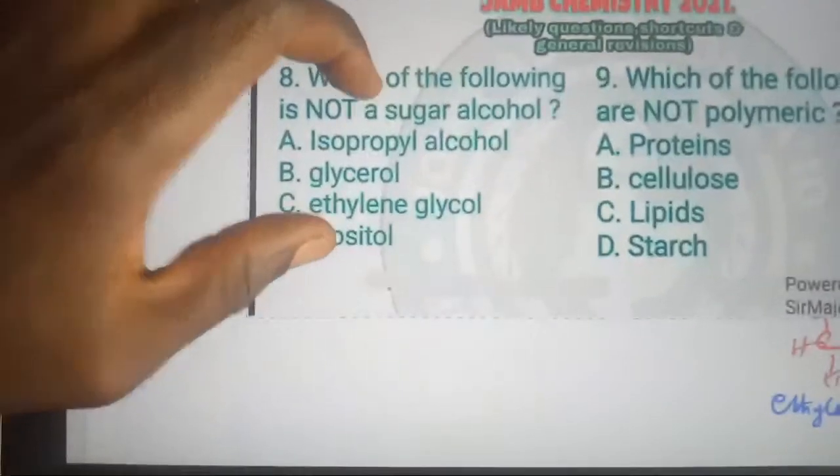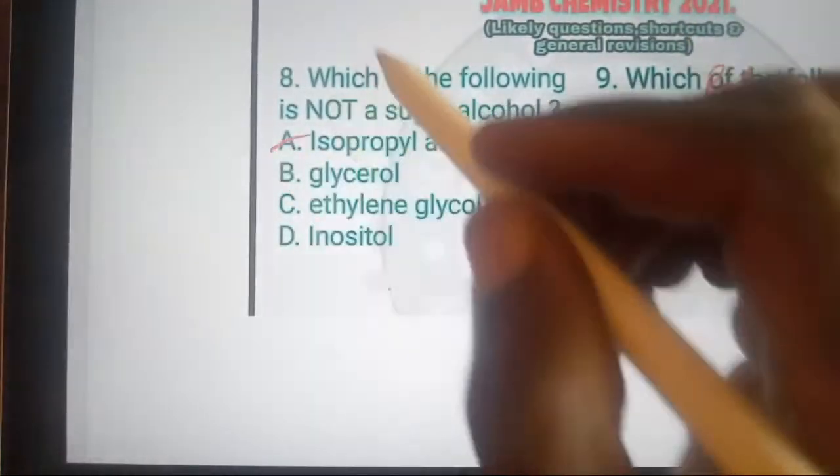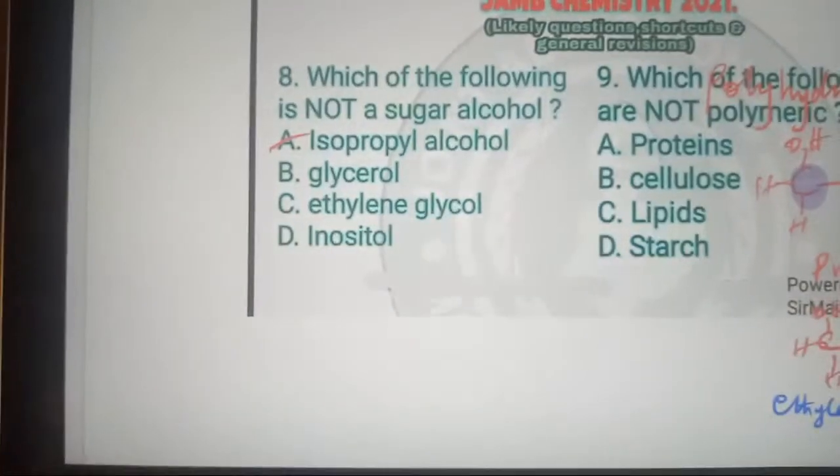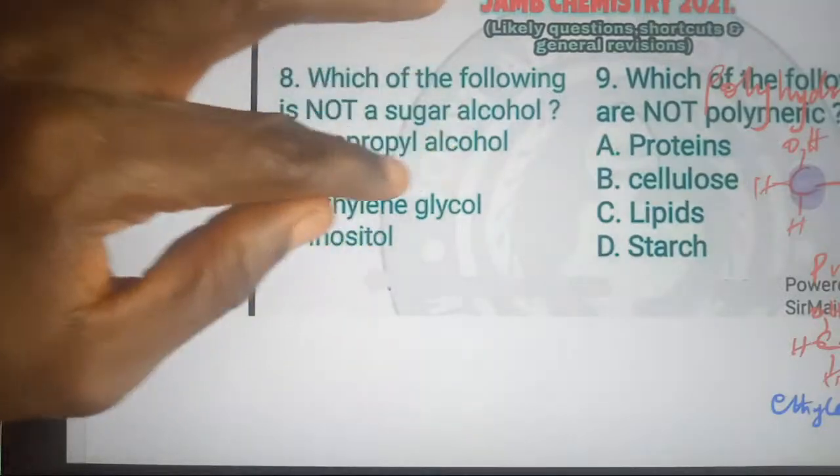It is monohydric, and no monohydric alcohol is a sugar alcohol. So the answer should be A. Glycerol, as you have seen there, is propan-1,2,3-triol, which is a moisturizer. Ethylene glycol is ethane-1,2-diol. Then inositol is a cyclic sugar alcohol. It's cyclic in form and usually occurs in biological systems. So the correct answer is isopropyl alcohol.